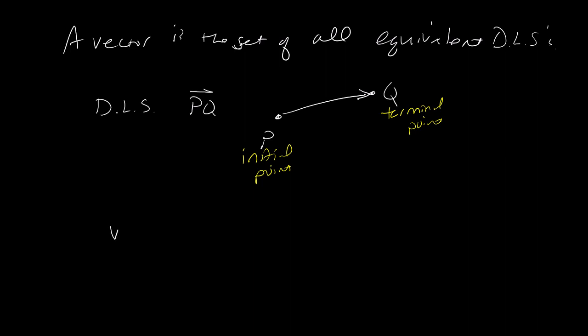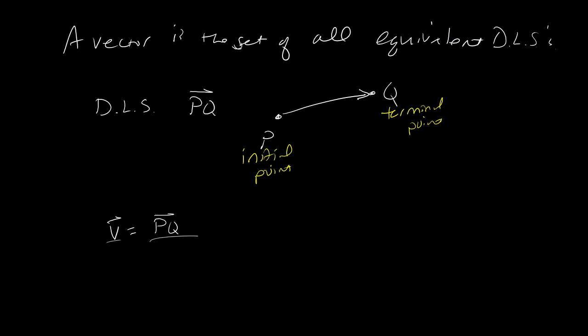So we could say that vector V is equal to directed line segment PQ. You'll notice it's the same notation. The difference is that here it's one letter, so I'm not telling you where it starts and ends. I'm just saying this is the vector V, whereas here I am telling you where it starts and where it stops.